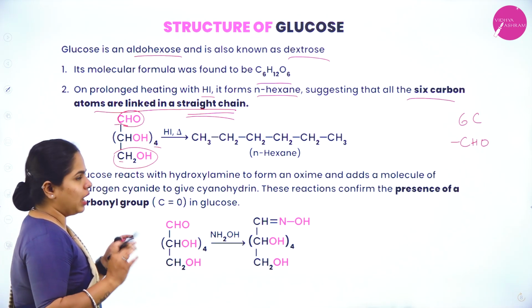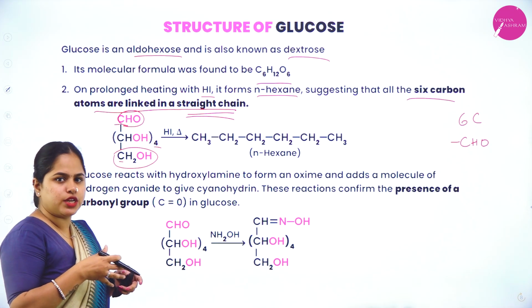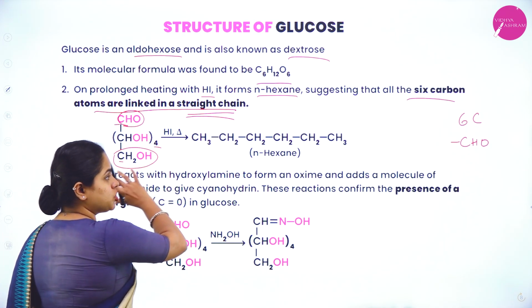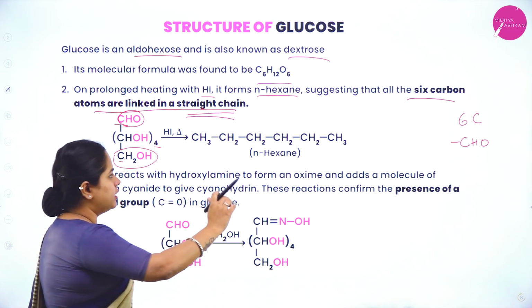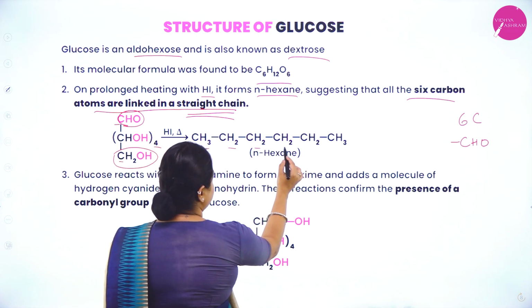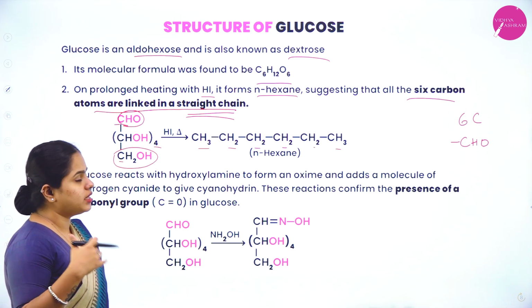So when glucose, as of now we do not know the structure of glucose, when glucose was taken and made to react with hydrogen iodide, we got a straight chain structure. That is, a straight chain hexane was formed. CH3, CH2, CH2, CH2, CH2, CH3. This is normal hexane. So what does that indicate?